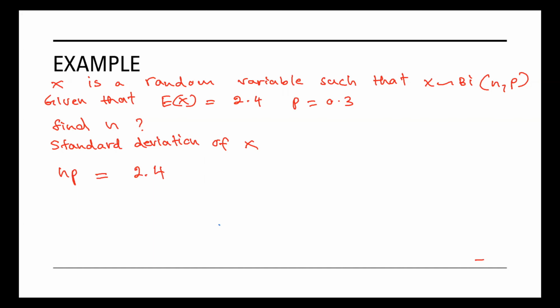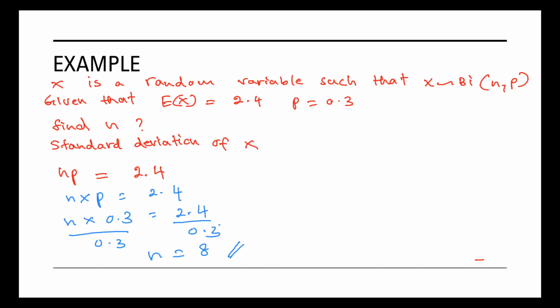So n into p equals 2.4, and we know the answer for p. It's 0.3. So when you divide both sides by 0.3, you get the answer for n, which will be 8.